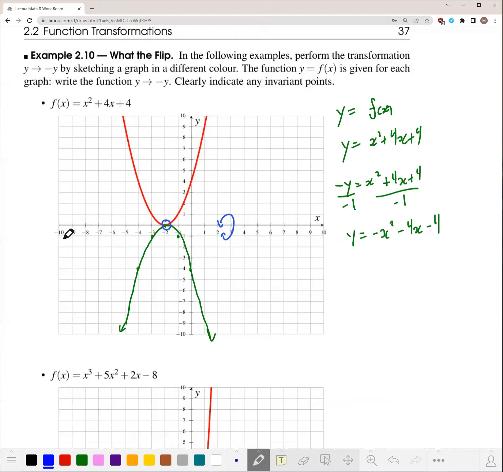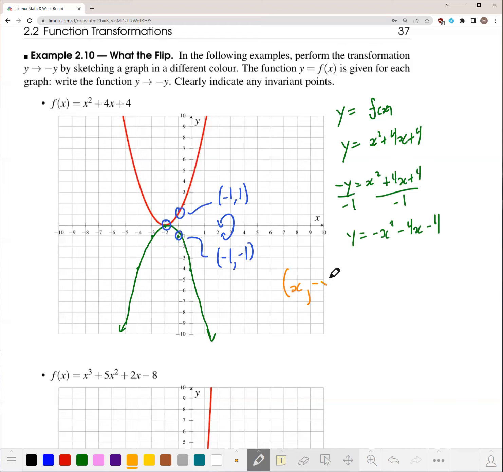Okay, so that's really handy. Another way I can look at this is if I compare this point here with this point here that I totally missed, consider that the point negative 1, 1, its mirror image is negative 1, negative 1. And so what I'm doing here is taking whatever values I have. Whatever my x is, I'm going to leave it the same.